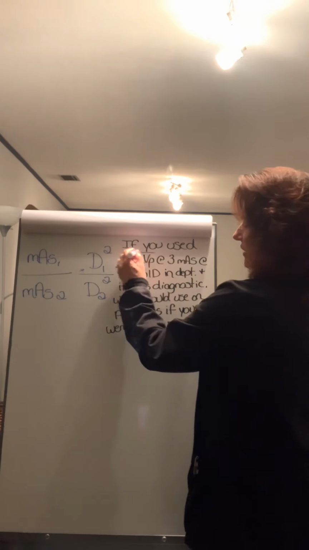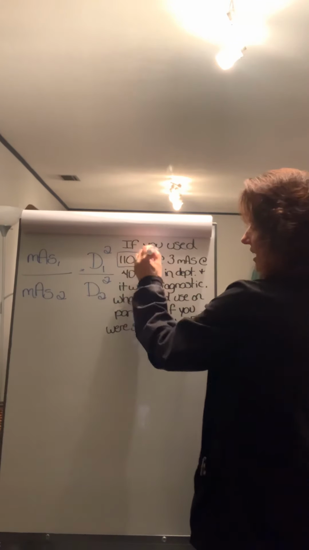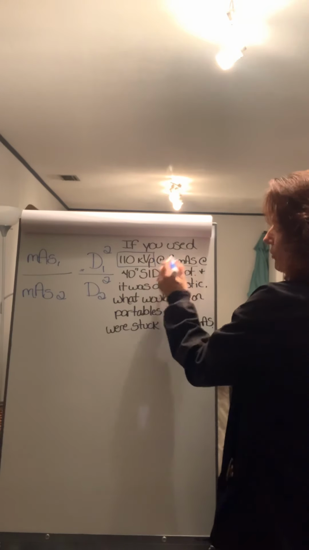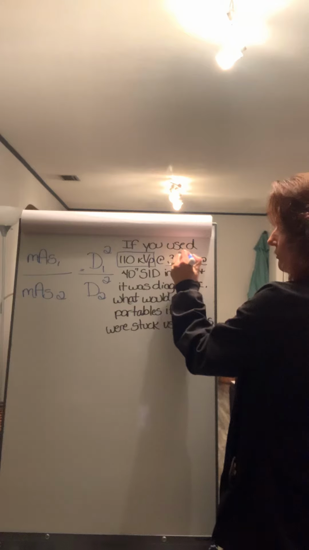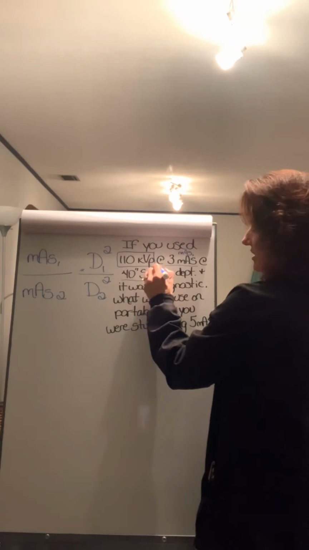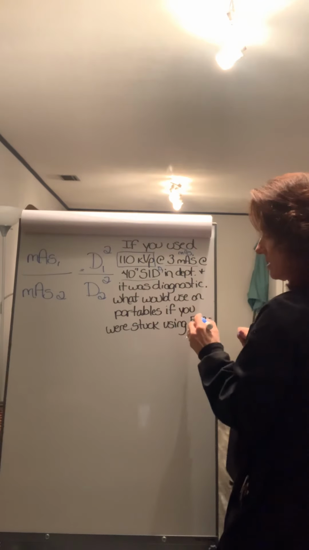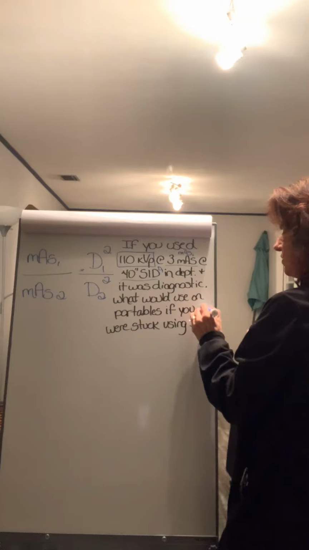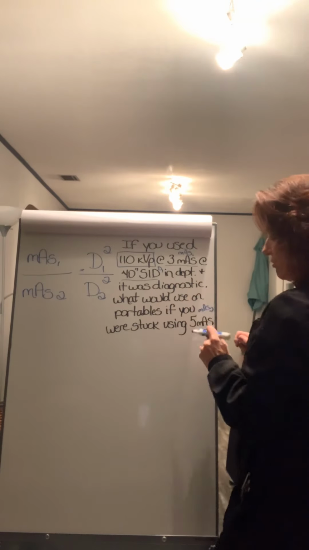So 110 kVp is probably going to come in at the end, but has nothing to do with our formula. 3 mass ends up being our first mass value. 40-inch SID is our first distance. And if we had to use 5 mass, that is our second mass value.